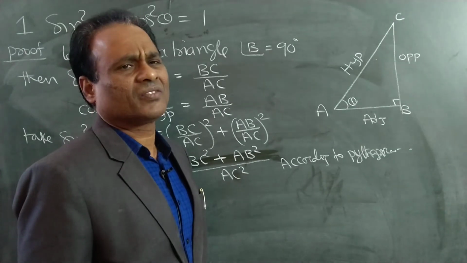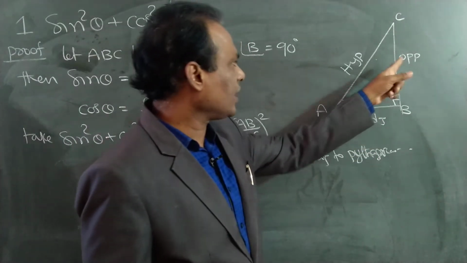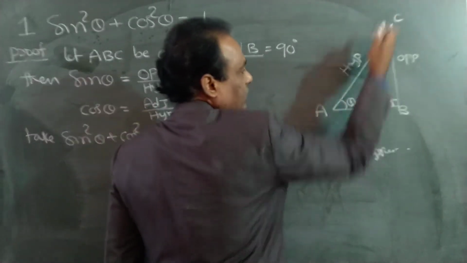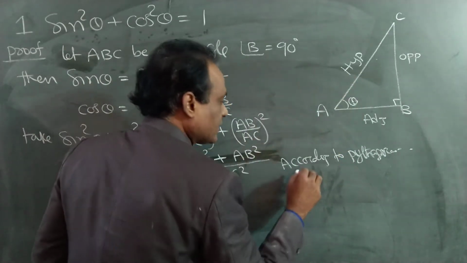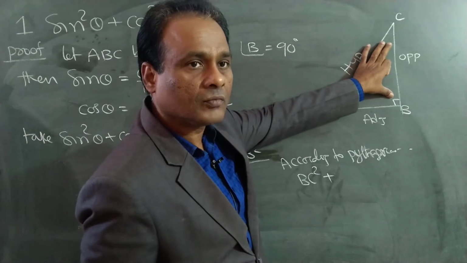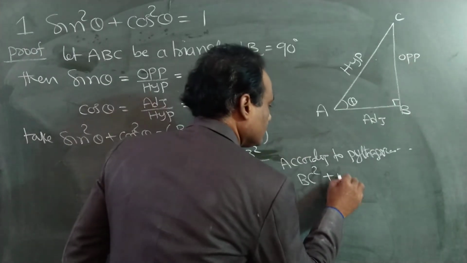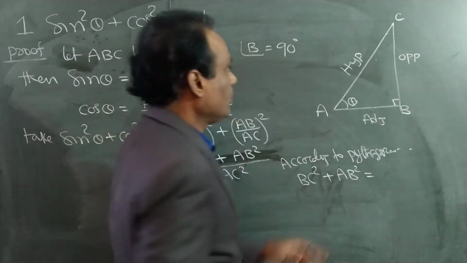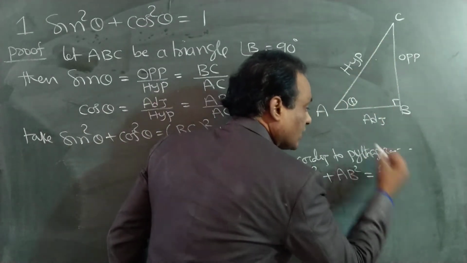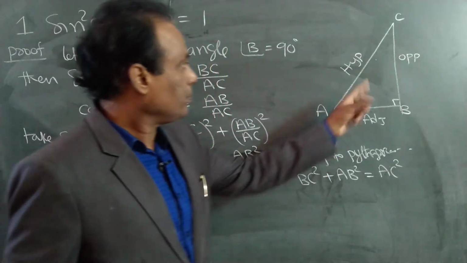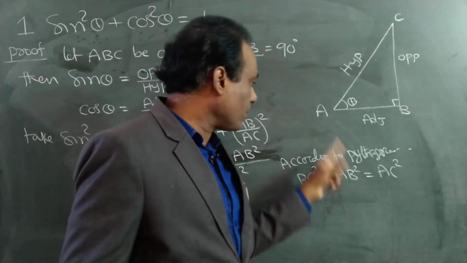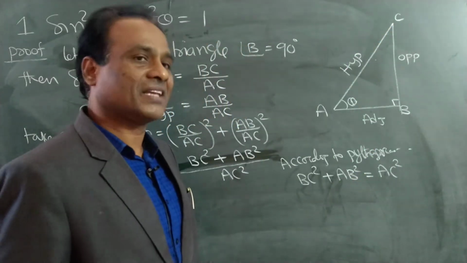In terms of BC, AB and AC, BC square plus AB square is equal to AC square. That is the Pythagoras Theorem.